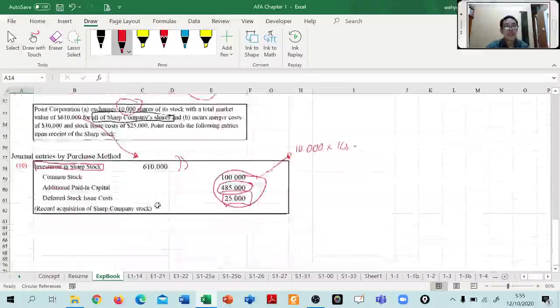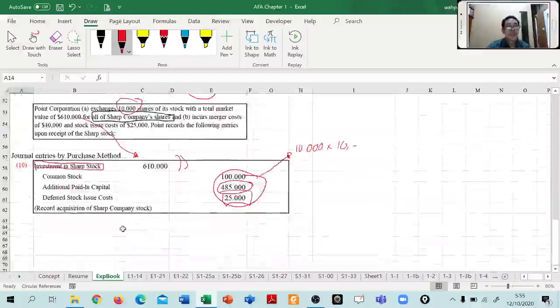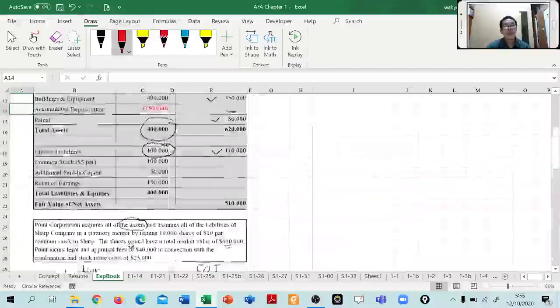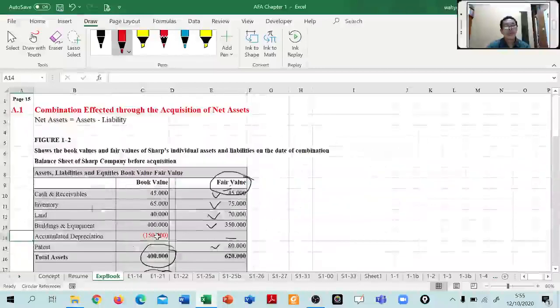This is a concept and example of that calculation. I hope that you understand.